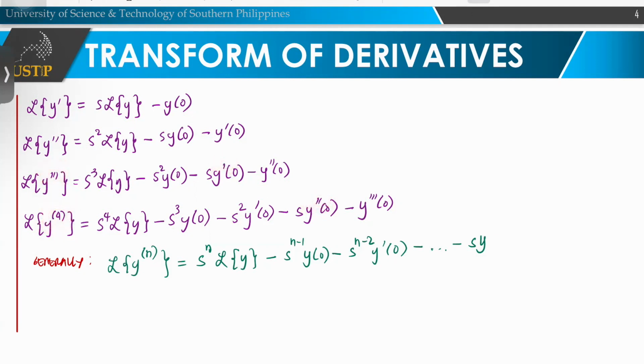That means if you have n here, the order of the derivative multiplied by your s should be n minus 2, of 0.